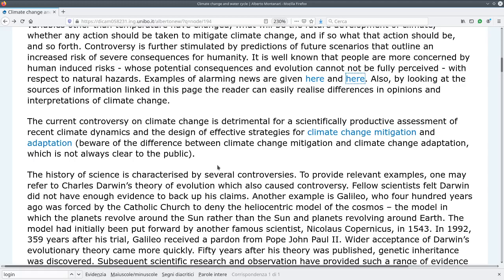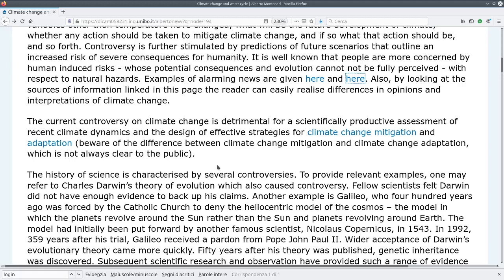But the main core of the scientific problem is not for engineers, while the core of adaptation is for engineers indeed, because once you get less water, or too much water, too many floods, it's the engineer that has to devise this. So I think that for engineers, this debate is extremely important.